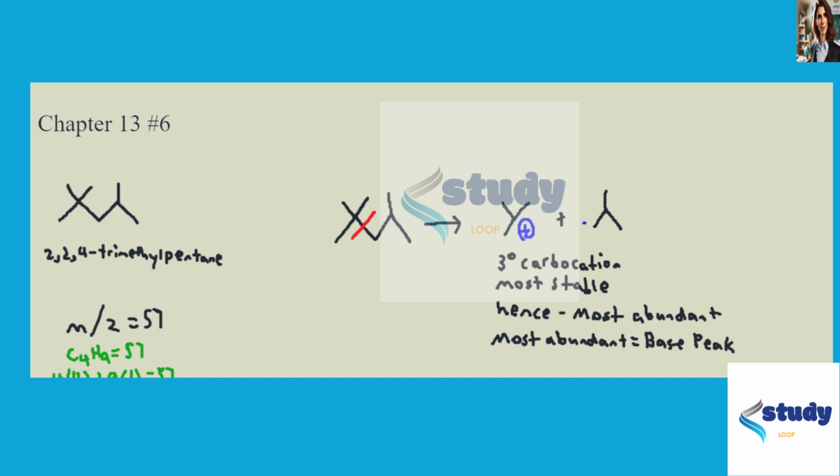And you should remember that tertiary carbocations are the most stable. And so it's really the only place in this molecule where a tertiary carbocation could form from breaking a carbon-carbon bond. And so since it's the most stable, it's going to form the most readily, and more of it will form than of any other possible ions.